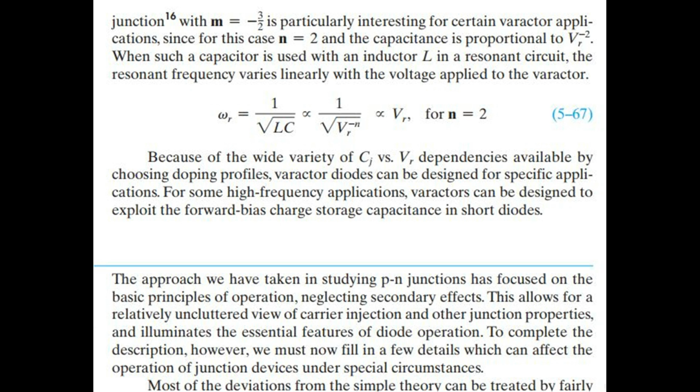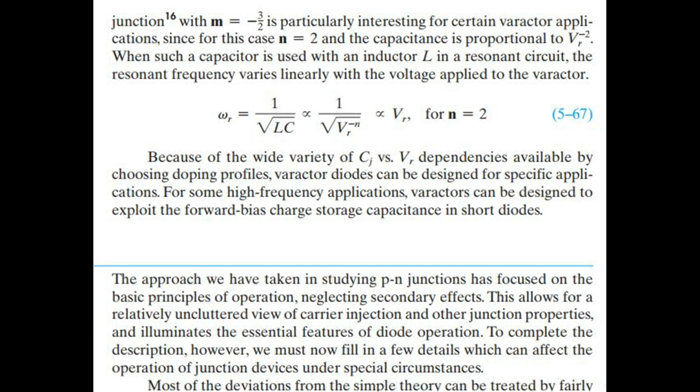The approach we have taken in studying p-n junctions has focused on the basic principles of operation, neglecting secondary effects. This allows for a relatively uncluttered view of carrier injection and other junction properties, and illuminates the essential features of diode operation. To complete the description, however, we must now fill in a few details which can affect the operation of junction devices under special circumstances.